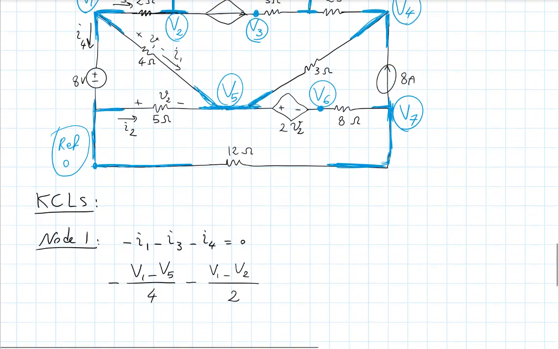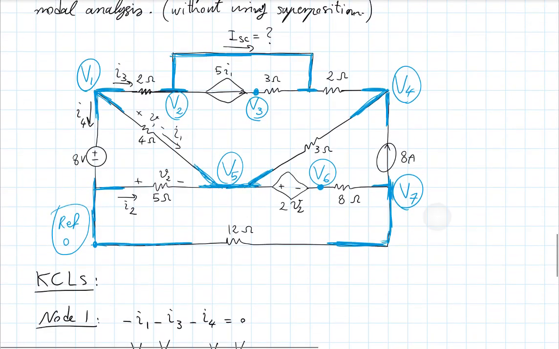And next is I4. Now, how do I relate I4 to the node voltages on the two sides of that branch? So I4 is going through an 8-volt voltage source. So how do I relate that I4 to the node voltages?